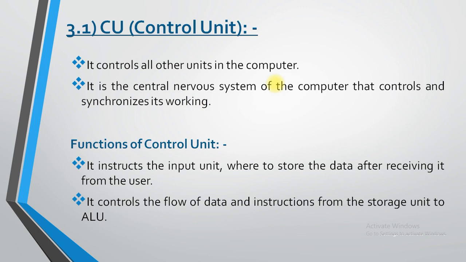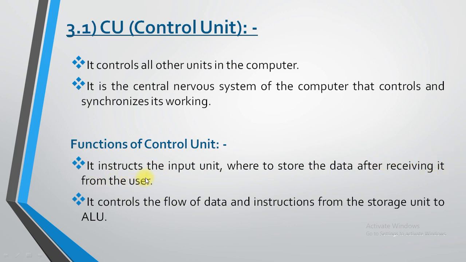So we can call it the central nervous system of the CPU, which is responsible for controlling different parts of the computer. Now, what is the function of the control unit? The control unit instructs the input unit where to store the data after receiving it from the user.